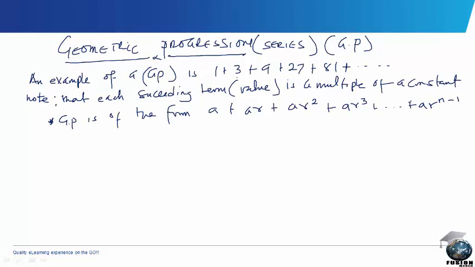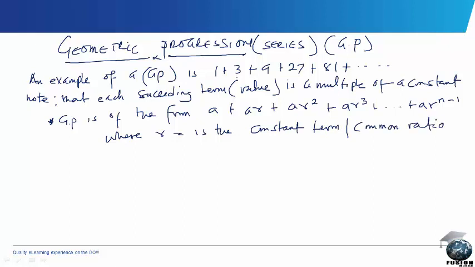Here r is the constant term, or what we call the common ratio, and a is the first term of the geometric sequence.